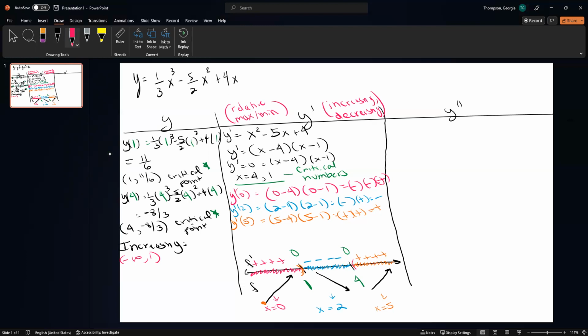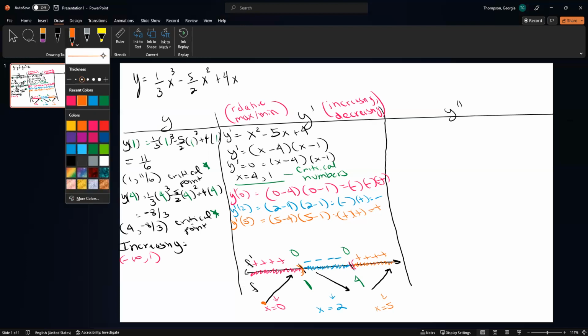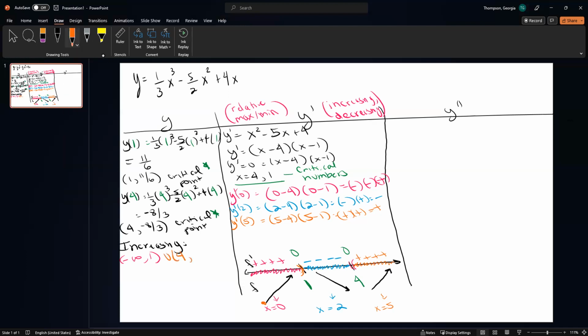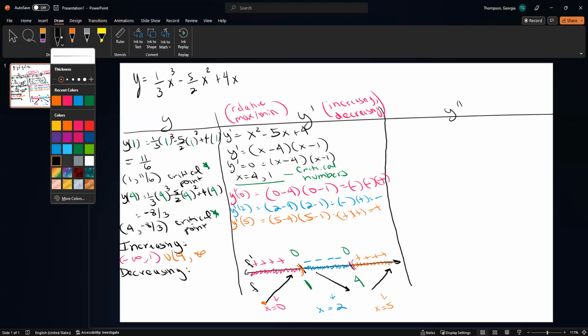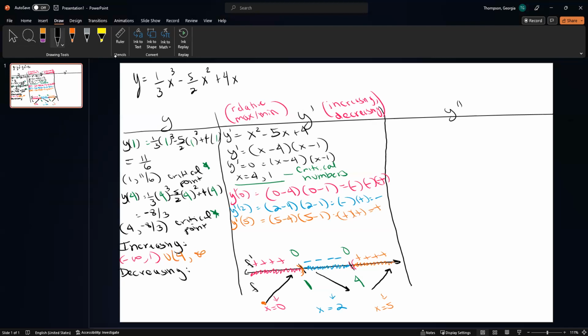And then it starts increasing again at this 4 right here, and then it goes on increasing until infinity. And we can also talk about when it's decreasing. It is going to be decreasing only on this one little interval. It starts at 1 and it stops decreasing at 4. It's just on this blue interval right here where it's decreasing.